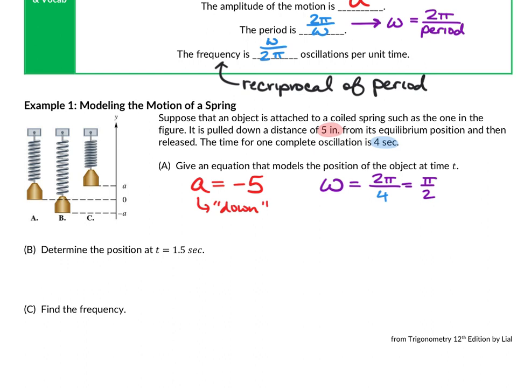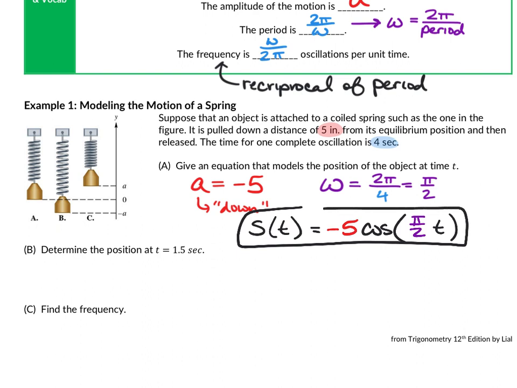I started it when it was at either a maximum or a minimum, which means it's going to be cosine. So when we write this function, the position at time t would be equal to -5 times the cosine of pi over 2 times t.